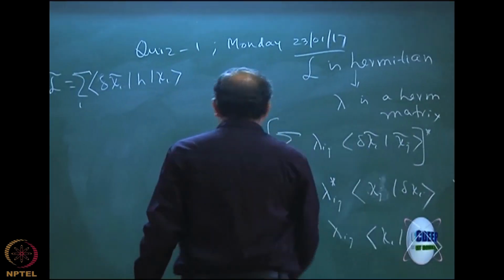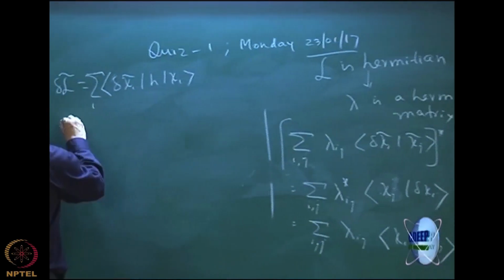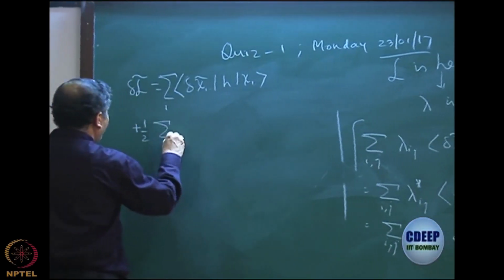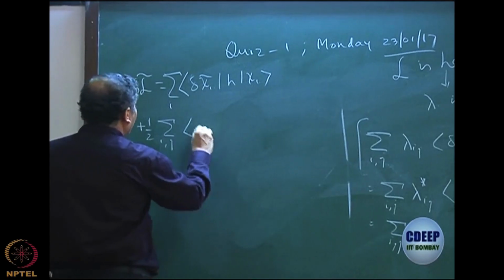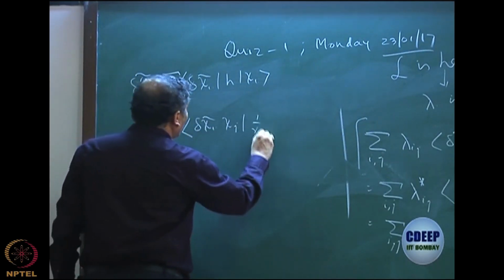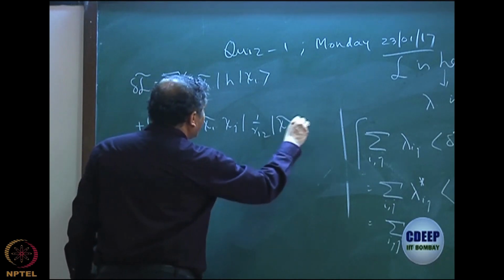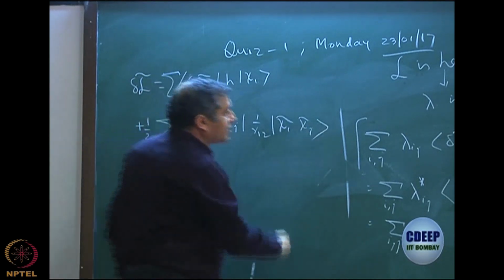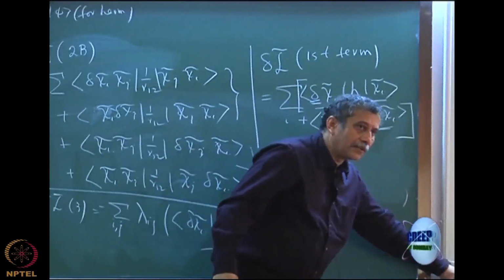Then I go back to 2A and I write this as half of ij delta chi I tilde chi j tilde 1 by R12 chi I tilde chi j tilde.